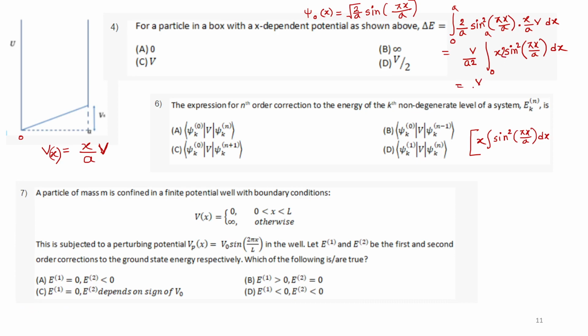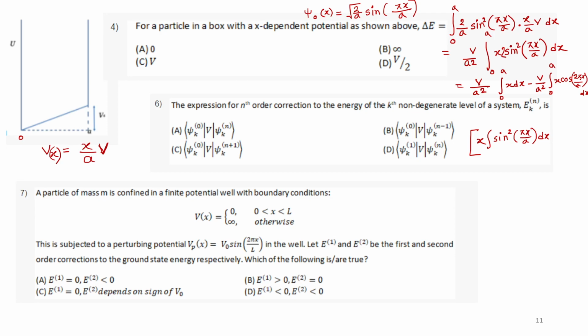So I will make V by a square, 0 to a, x dx, minus V by a square, 0 to a, x cos 2 pi x by a dx, right?